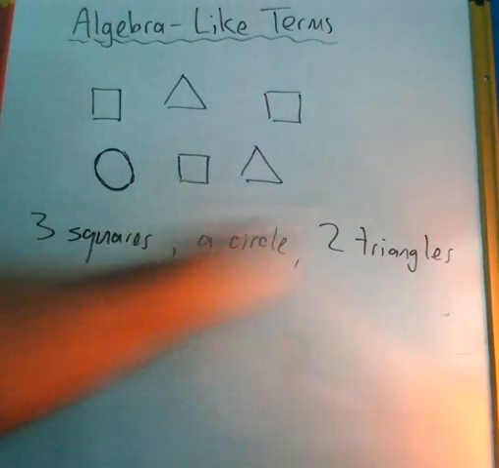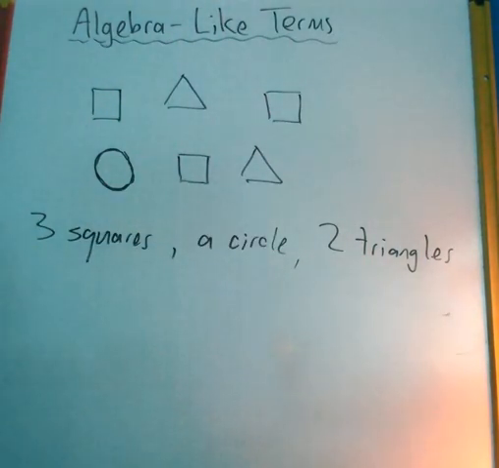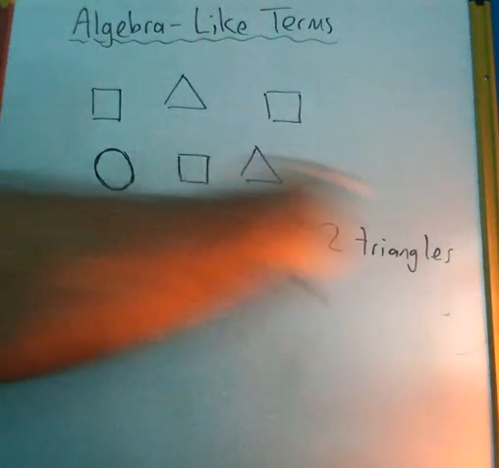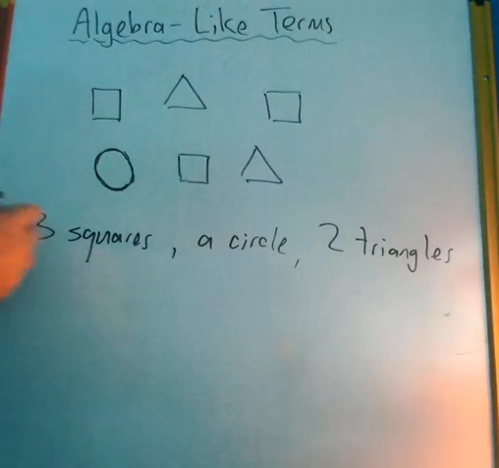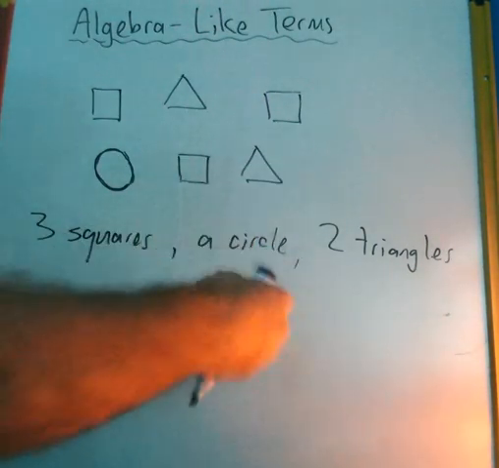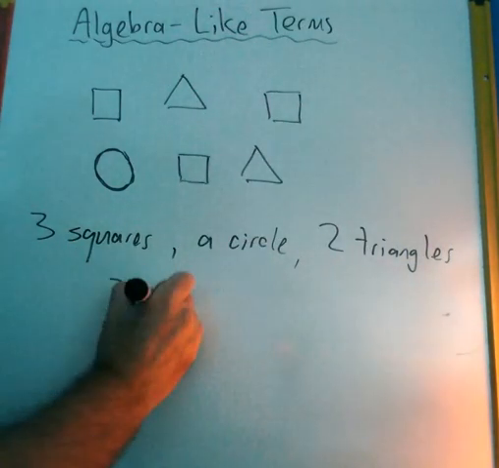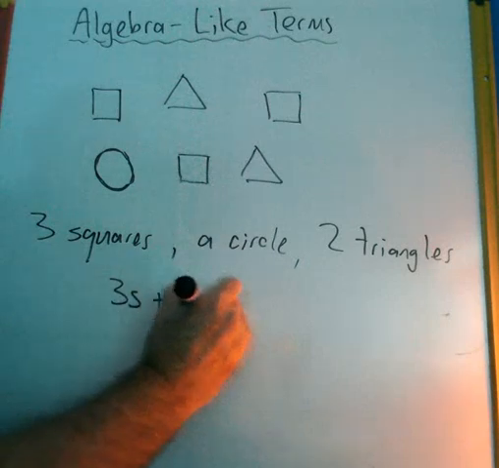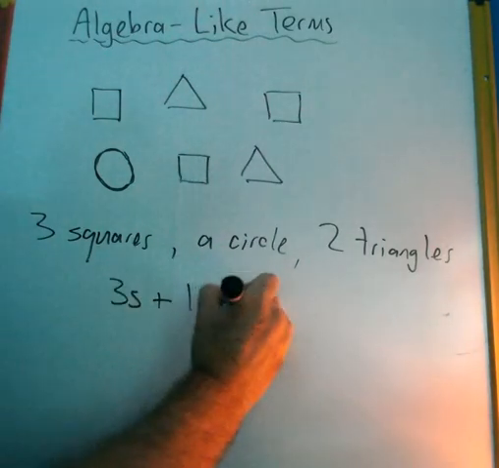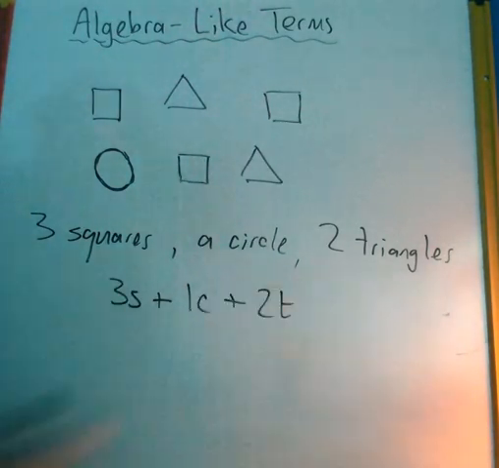Now if I was to write this in algebra in terms of letters and numbers, then I could shorten this from 3 squares and a circle and 2 triangles to 3s and 1c and 2t.